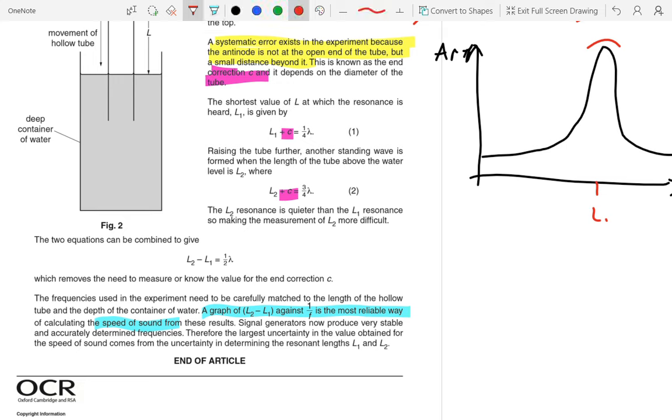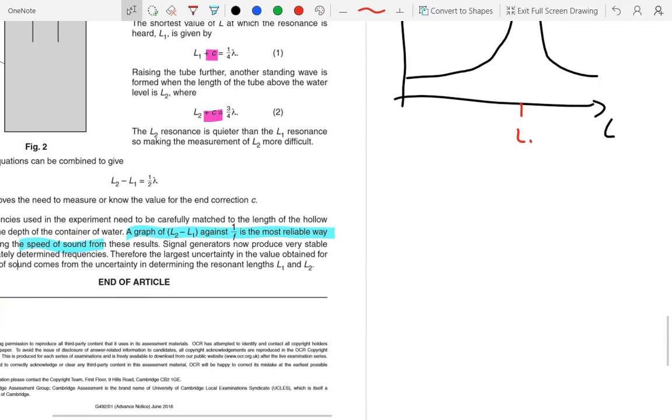So it's saying L2 minus L1 against 1 over the frequency. So what would that graph look like? Well, if we look at the equation we've got here, so L2 minus L1 equals half lambda.